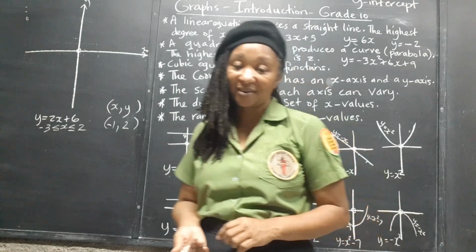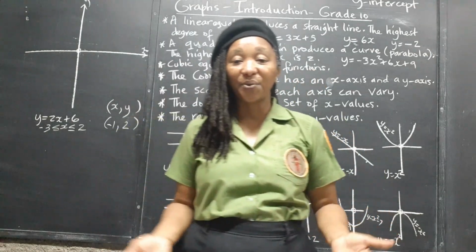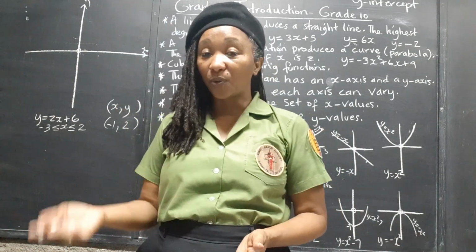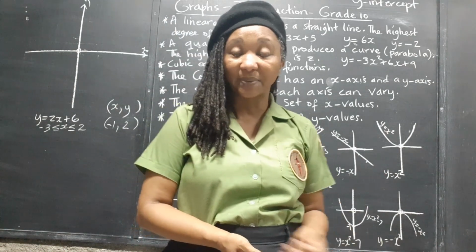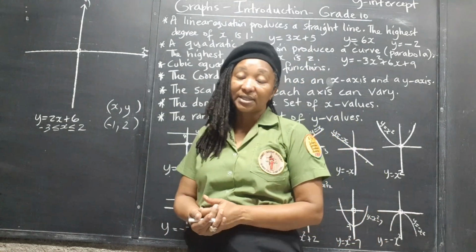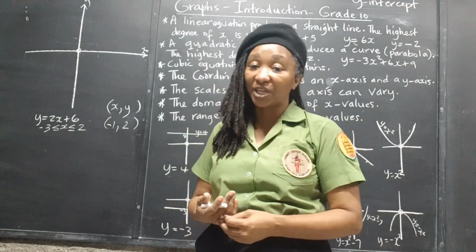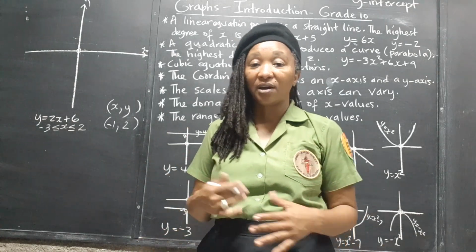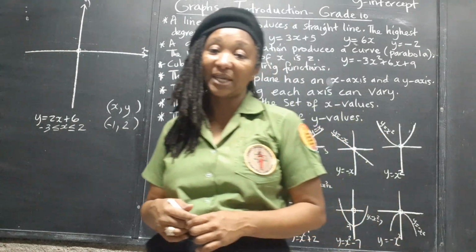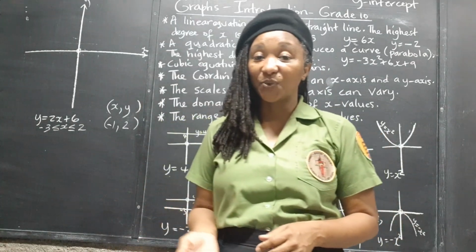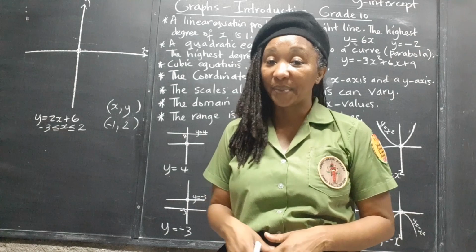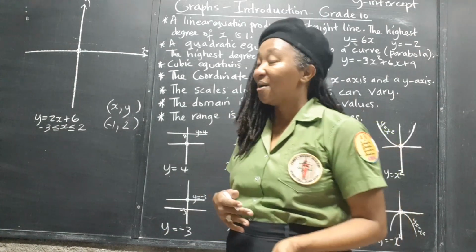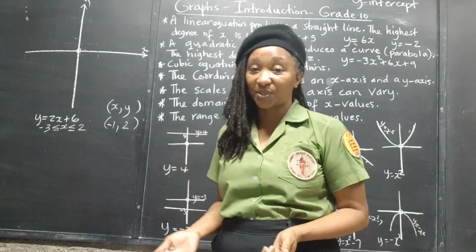As we do more videos on graphs, we're going to be doing combinations of linear and quadratic by themselves, and you're going to see also how to solve simultaneous equations using the graphical method, how to read a graph, all of those things, answering questions based on graphs. As I said, this is one of my absolutely favorite topics, so you're going to see my passion coming out in this topic, even more so than the others.